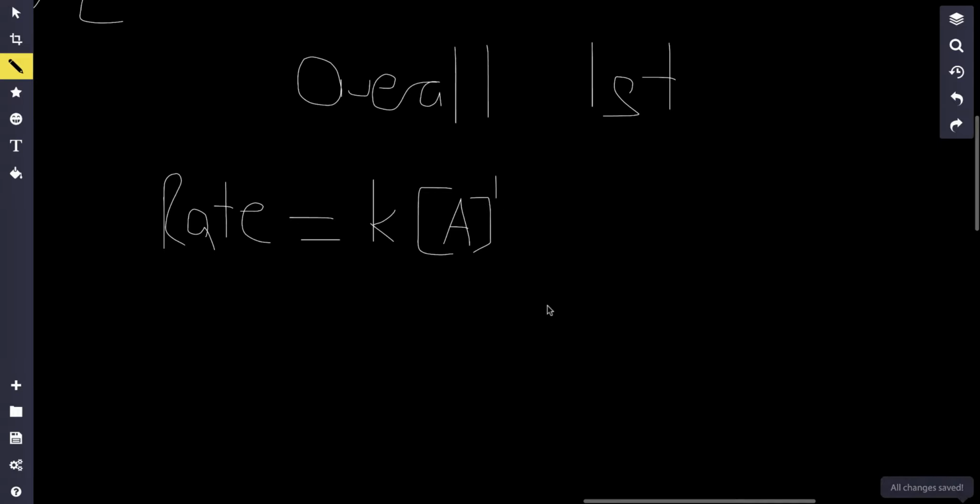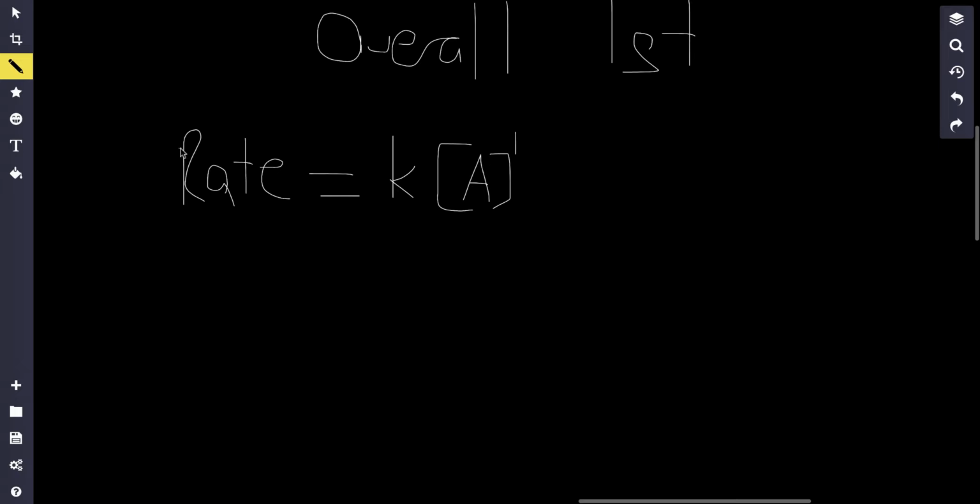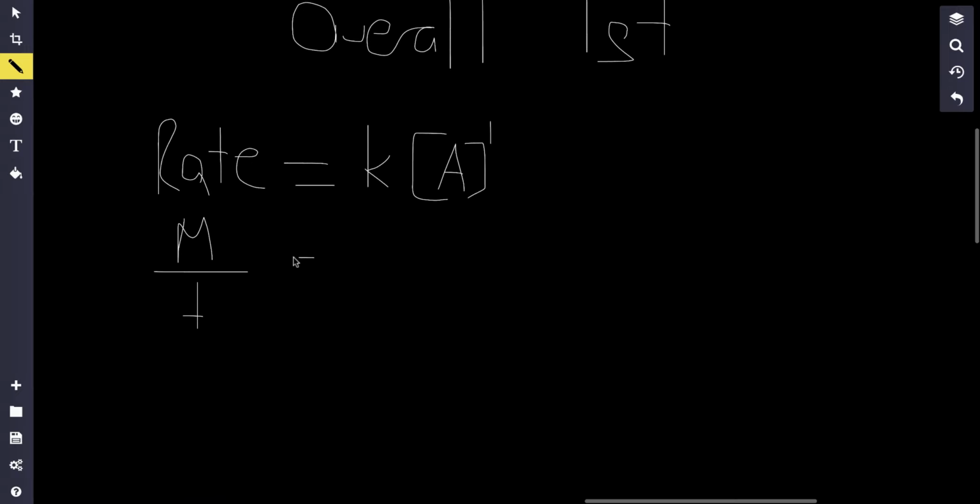Now, rate is always going to be molarity over some time period. Let's just say molar per time. Remember, rate of reaction is how much your concentration changes over a certain period of time. So my rate of reaction is going to be molar for every time. The units of K, I don't know, so I'm just going to put a question mark here.